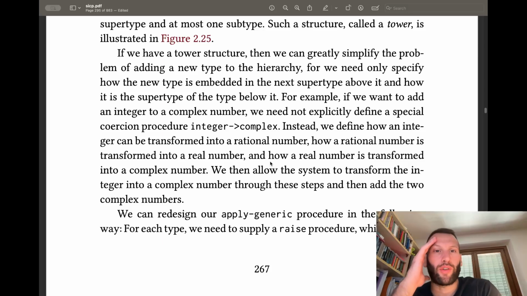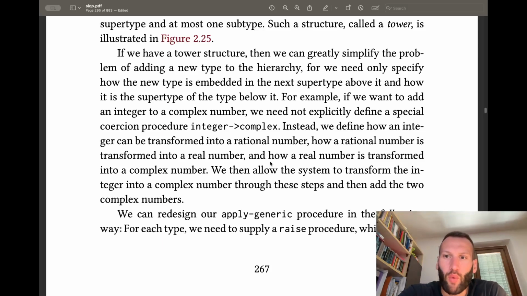If we have a tower structure, we can greatly simplify the problem of adding a new type to the hierarchy, for we need only specify how the new type is embedded in the next supertype above it and how it is the supertype of the type below it.